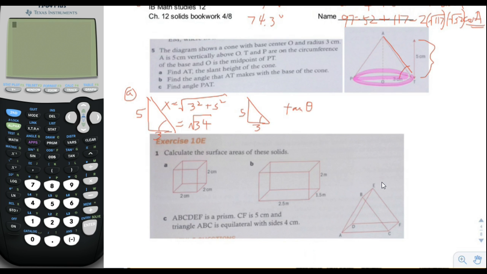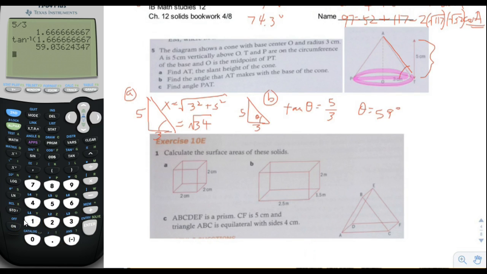So we'll call that angle theta, and we'll say that the tangent is the opposite over the adjacent, and so theta is equal to the inverse tangent of 5/3. Inverse tangent of 5/3 is 59 degrees. And that's B.